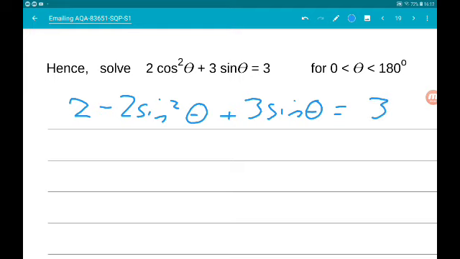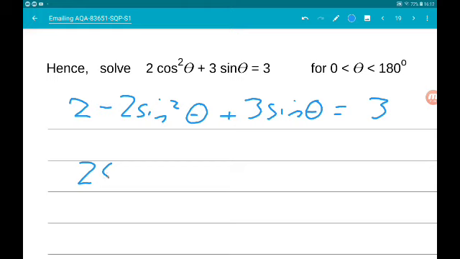Now this is quadratic, so we need everything on the same side. We also don't want a negative squared term. So I'm actually going to move everything over to the right. So on the right, we're going to add 2 sine squared.